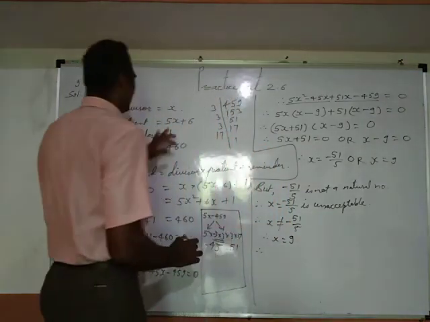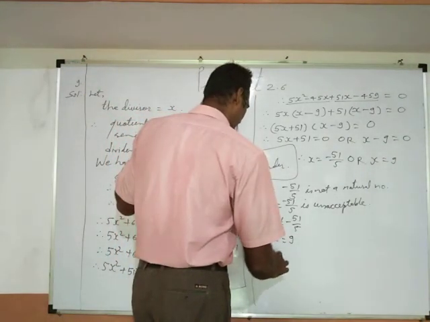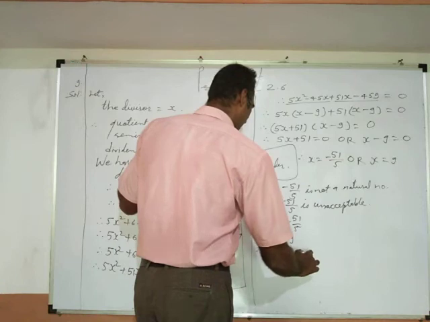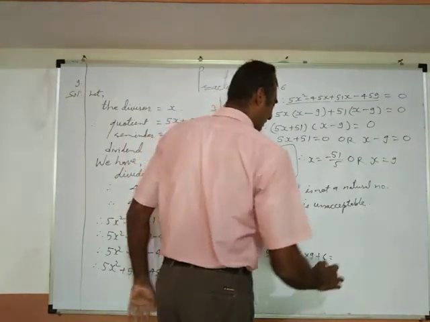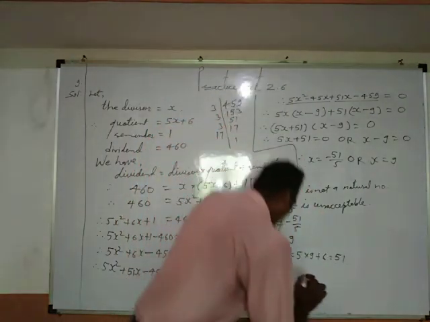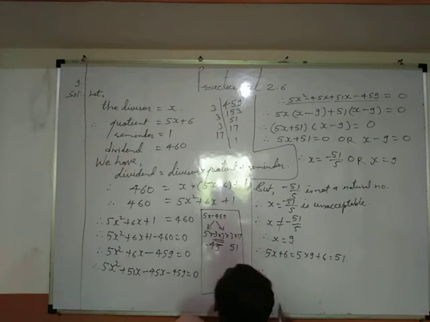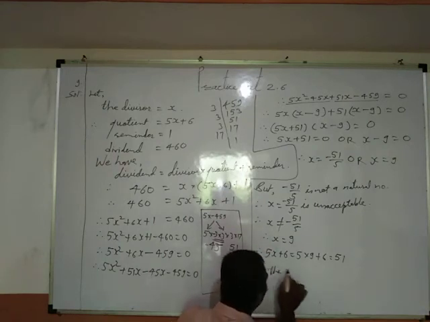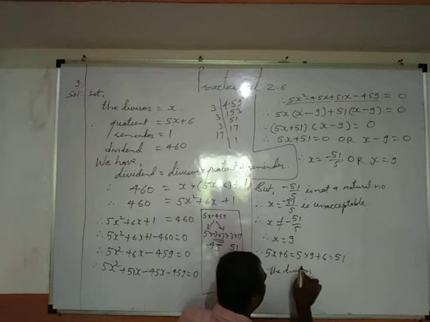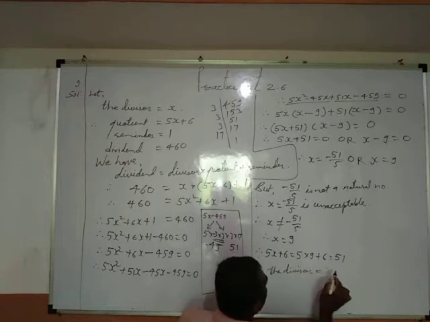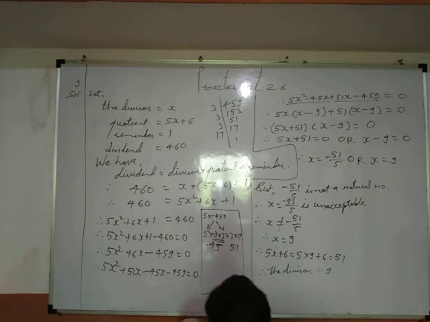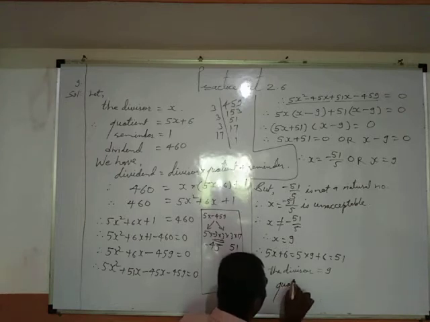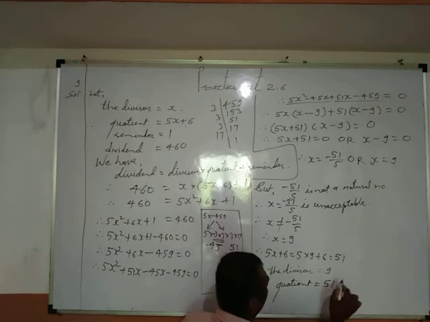And therefore 5x plus 6 equals 5 into 9 plus 6. 9 5s are 45, 45 plus 6 gives 51. And therefore x is the divisor, with the value of x being 9, and 5x plus 6 is the quotient. Quotient is equal to 51.